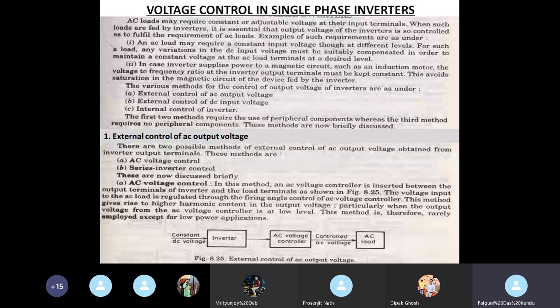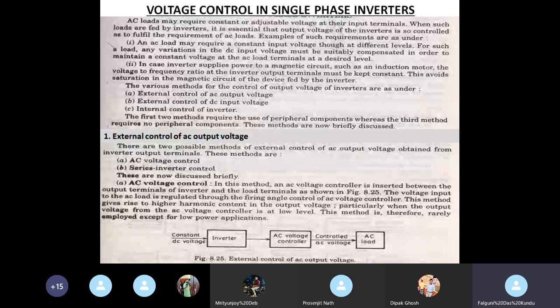In case of AC voltage control, there is an AC voltage controller which is inserted between the output terminal of the inverter and the load terminals, as shown in this figure. So this is an AC voltage controller, which takes the output of the inverter and feeds the input to the AC load. The voltage input to the AC load is regulated through the firing angle control of the AC voltage controller.